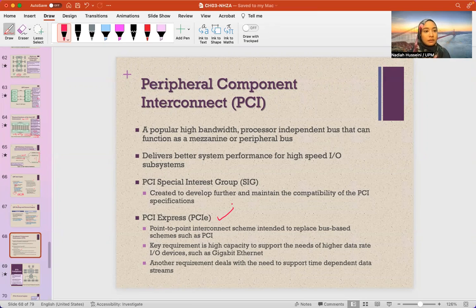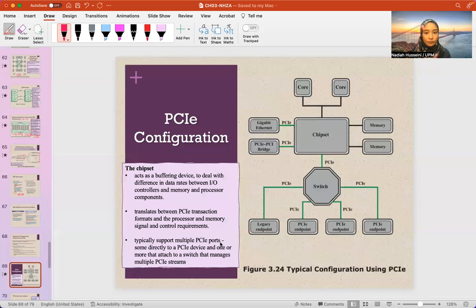It is better than the regular bus, even though it functions in a way like a bus as well, because it connects the I/O hub to the I/O devices. The key requirement is high capacity to support the needs of higher data rate I/O devices, such as gigabit Ethernet. Another requirement deals with the need to support time-dependent data streams, and we will see how that is.